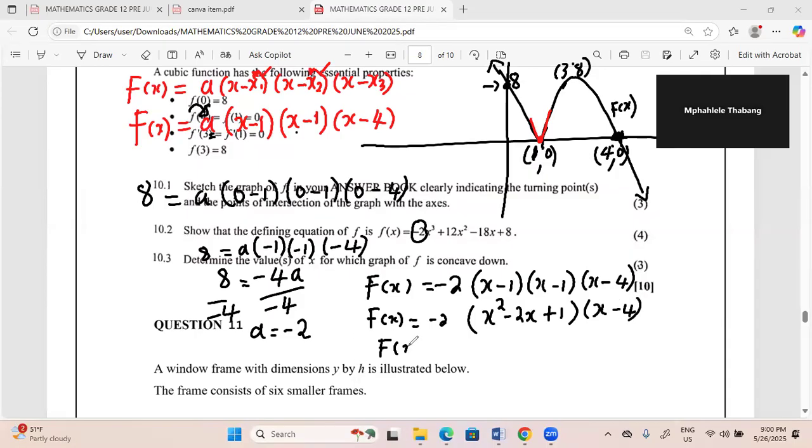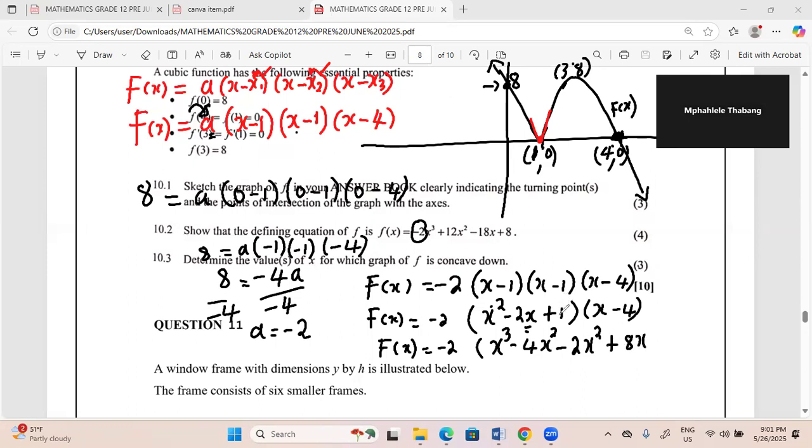Now I'm going to take x squared and multiply it with everything in the other bracket, so x cubed minus 4x squared. Do the same with negative 2x. Multiply it with everything in the other bracket. Minus 2x times x is minus 2x squared, minus 2x times minus 4 is plus 8x.